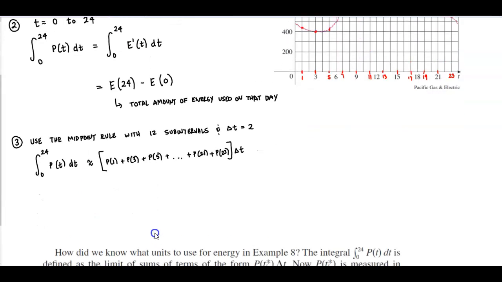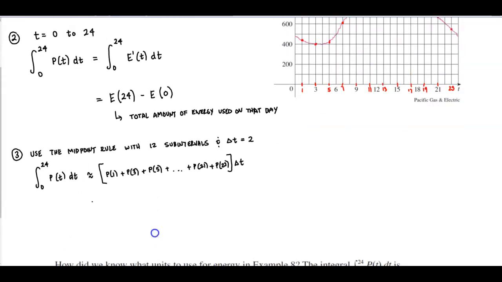So from our graph, we know that P of 1 is approximately 440. P of 3, again just using an estimate, is 400. P of 5 is 420. P of 7 is 620. P of 9 is 790.